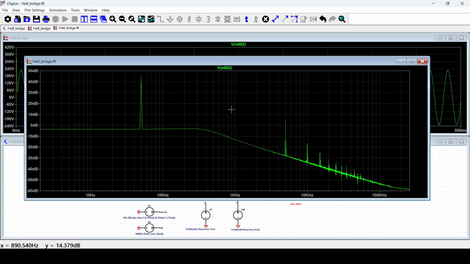We basically need to oversize our components, because the harmonics is basically noise, and if noise is too high, it will be creating a lot of losses in our circuit.